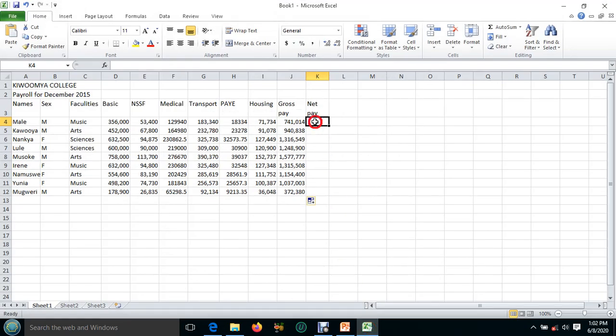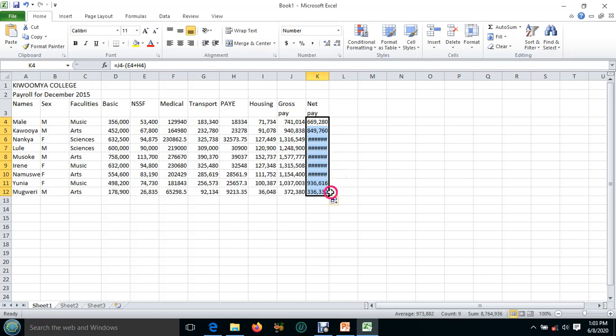So for the first person, equal to gross pay, our gross pay is that, minus, there is an operation here, NSSF plus payee. Close your bracket, enter, and you will be able to get your net pay, then copy for these other people.